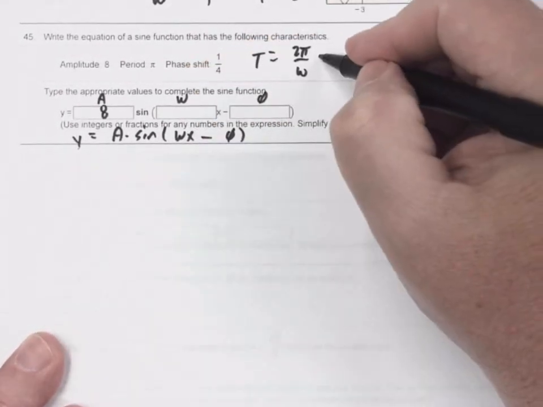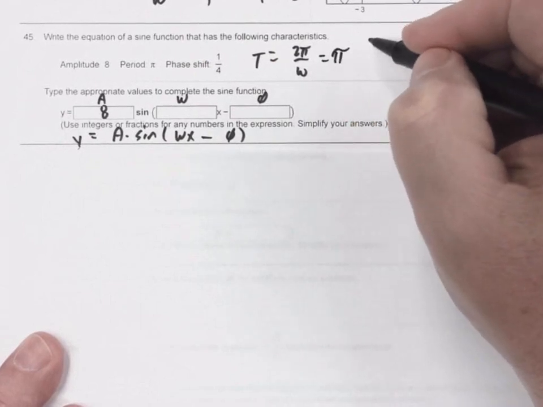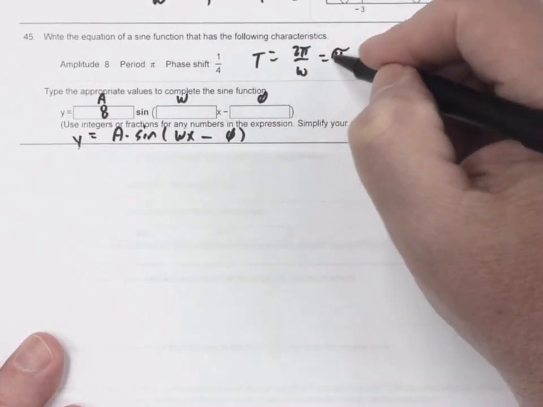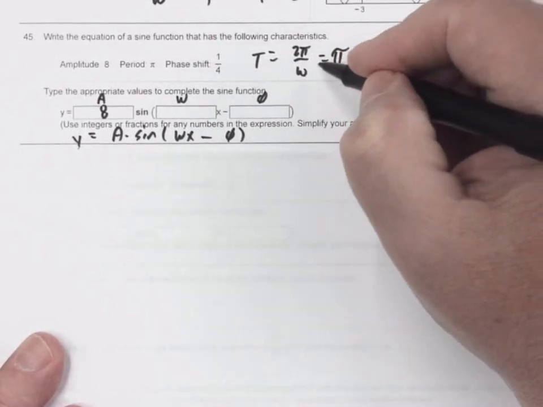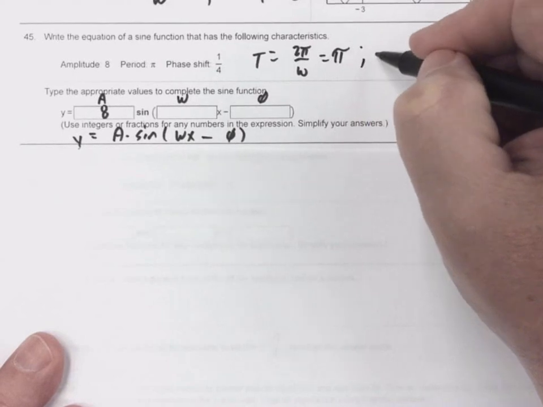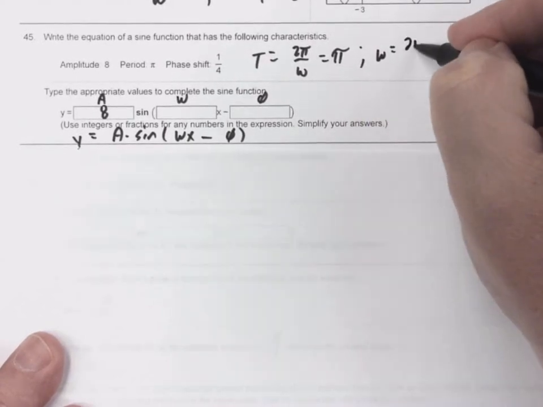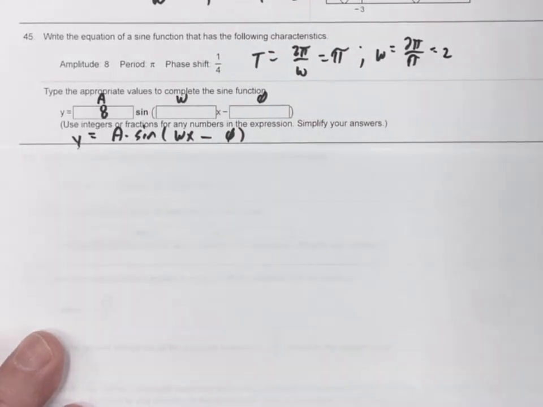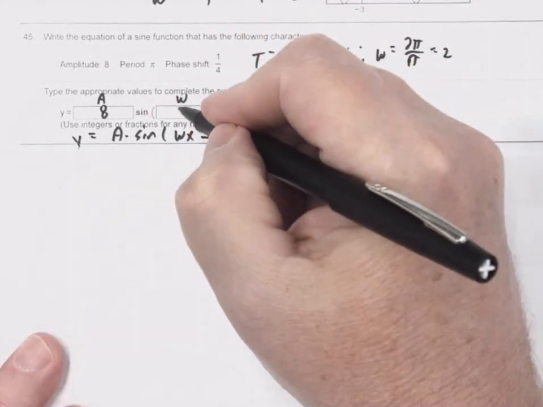They tell me the period is pi. So I have 2 pi over omega equals pi. If we solve for omega, in a sense, maybe think about swapping the omega and the pi. When you do that, you get 2 pi over pi. The pi's cancel. Omega ends up being 2.